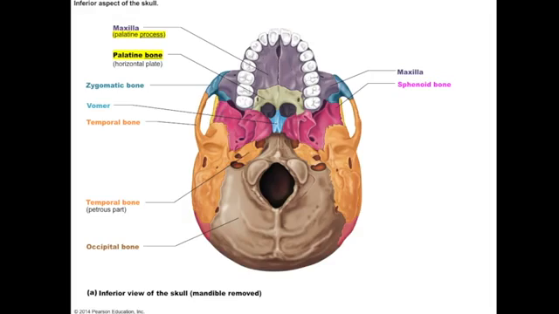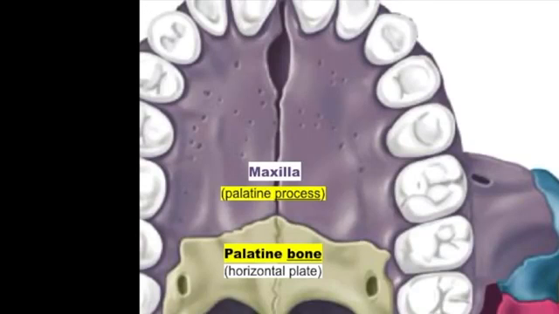So many of the structures or features of the skull will be comprised of 2 or more cranial and facial bones. And this is where you want to start paying attention to names. For instance, the roof of your mouth, the hard palate, is made up of 2 bones, the maxilla and the palatine bone. The region of the maxilla that connects to the palatine bone is the palatine process, which connects to the horizontal plate, the inferior region of the palatine bone.